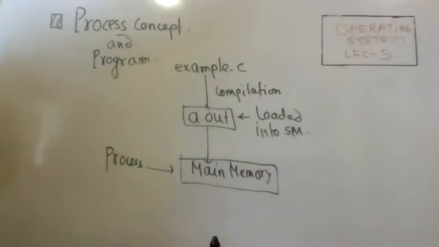If we wish to execute it, we have to load it into main memory, and now we can call it a process. So here we can say that a process is a program in execution.